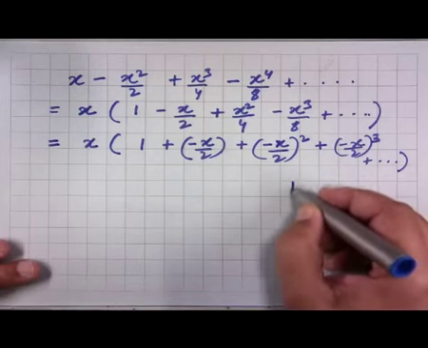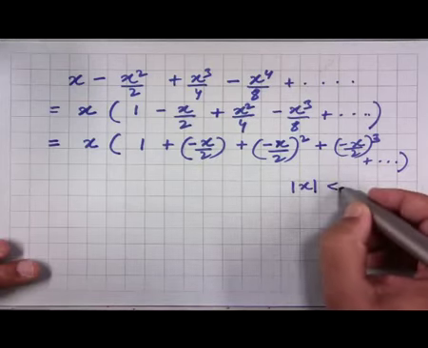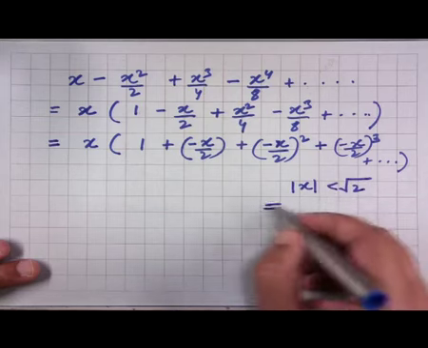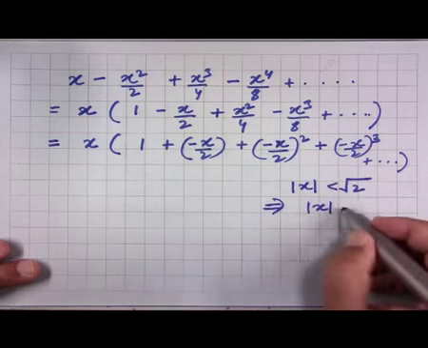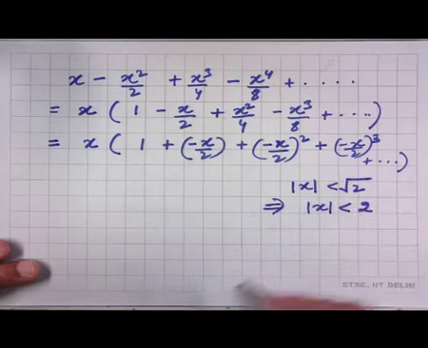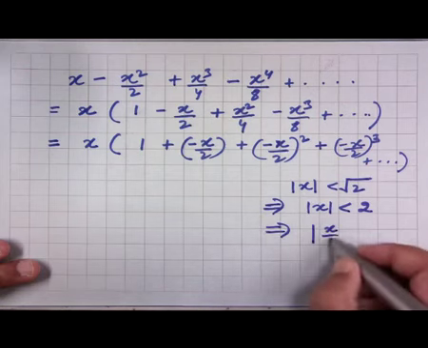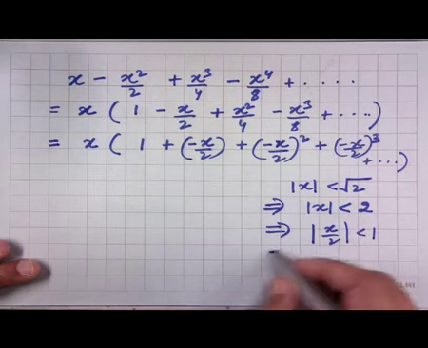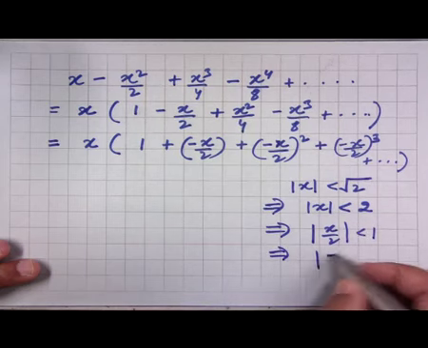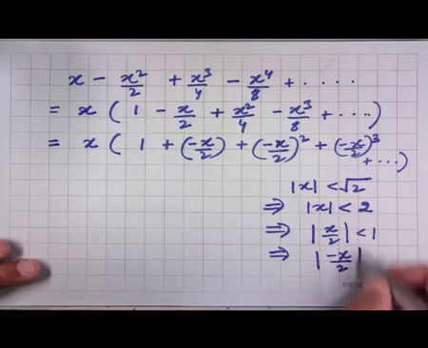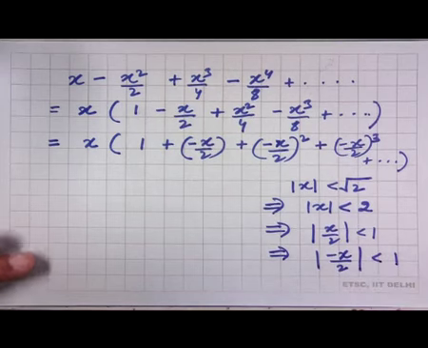So, if mod of x is less than square root of 2, that implies that mod of x has to be also less than 2, which then implies that mod of x over 2 is less than 1, and that also means that mod of minus x over 2 is also less than 1.